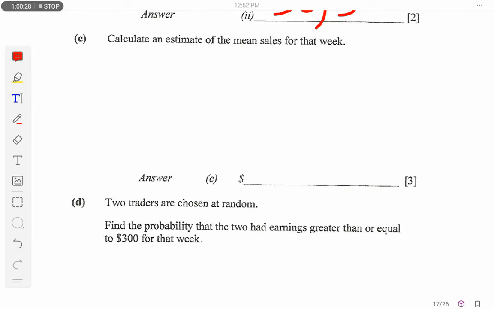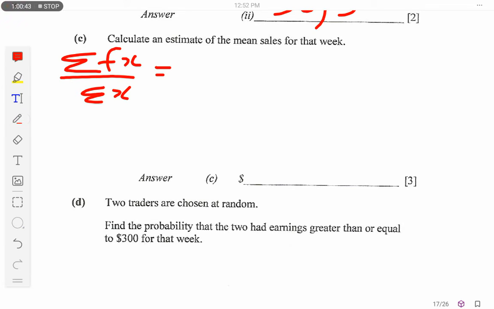Then calculate an estimate of the mean sales for that week. Normally for this one, I would prefer you to use the formula sum of f times x, frequencies times the x value there, over sum of f. So you can use the midpoints.